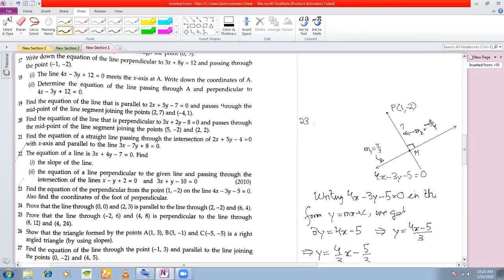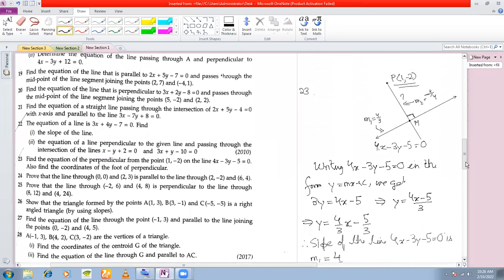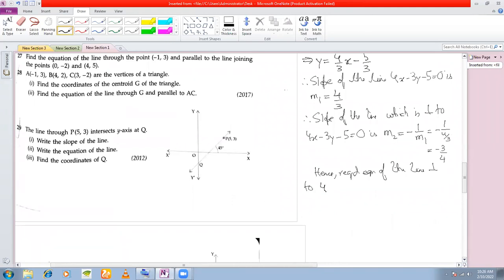So this is the slope of this line we have got, m2, minus 3 by 4. Now you know the slope of this line and you know a point on the line. How do you find out the equation? You use the point slope form, right? So hence the required equation of the line perpendicular to 4x minus 3y minus 5 equal to 0 is y minus y1 is equal to m into x minus x1.